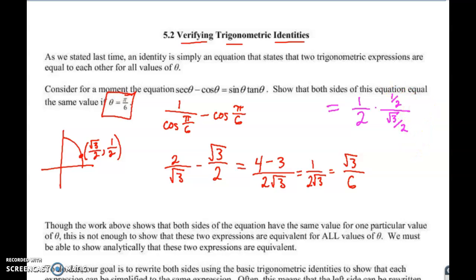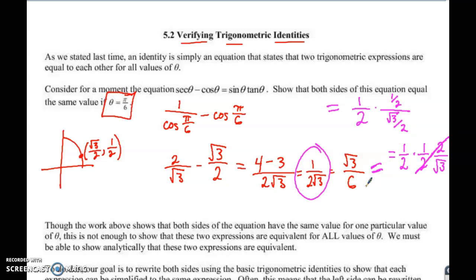If you don't believe me, you can practice. I write it off to the side here. That 1/2 is still there. I'm not messing with that yet. You'd have 1/2 times the reciprocal, since dividing by a fraction is multiplying by the reciprocal, and you can see those 2's cancel out. You're left with 1 over 2 root 3, which is the same as this, which is obviously the same as this then.